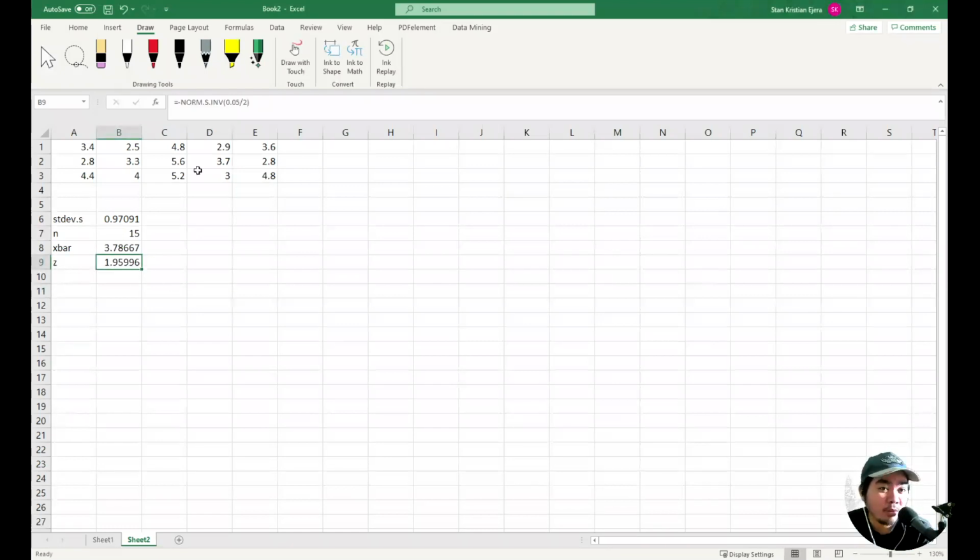So pwedeng ito, actually ito magiging more intuitive para sa inyo if you base it on the different formulas wherein parating z of alpha over 2 yung nakasulat, no, or t of alpha over 2 or whatever. So ito mas madali siya, hopefully mas intuitive para sa inyo.